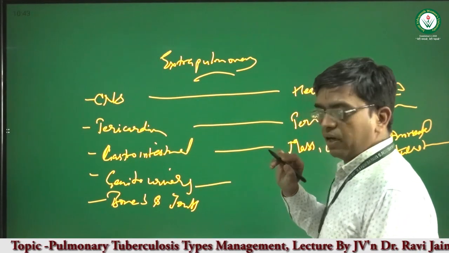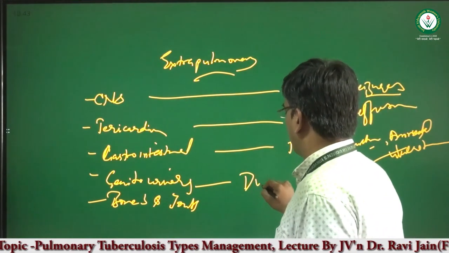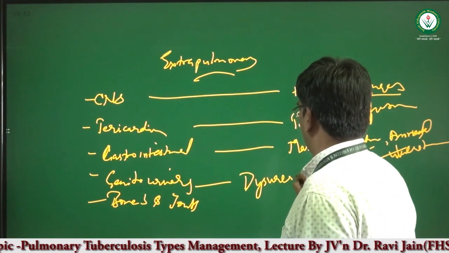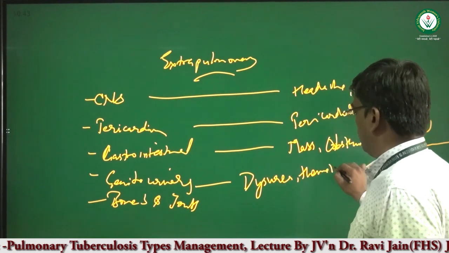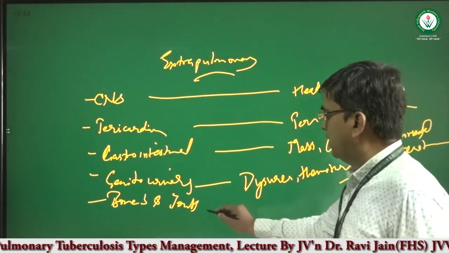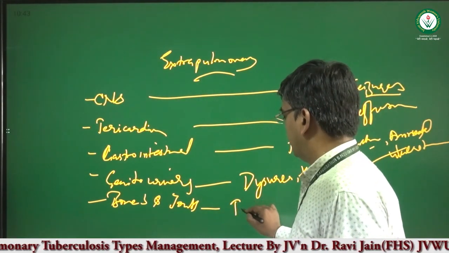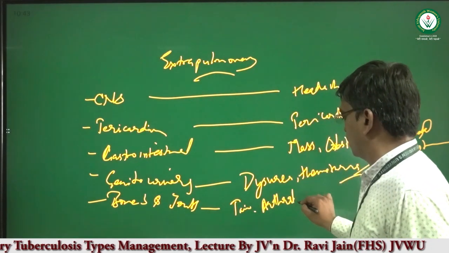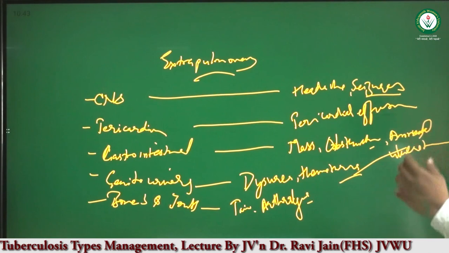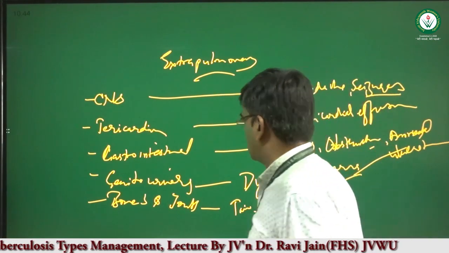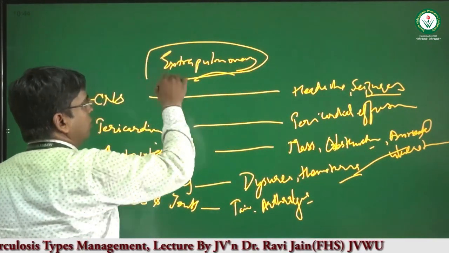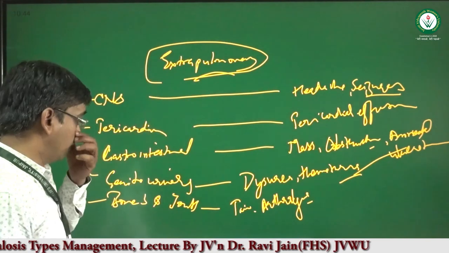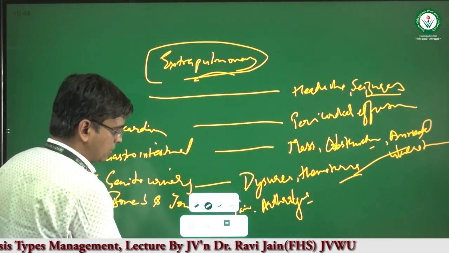In case of genitourinary, we have dysuria, we have hematuria. Hematuria is blood in urine. In the bones and joints, we have pain, bony pains and arthralgias. Mono, single joint affection is commonly found. So these are the extrapulmonary features of tuberculosis.